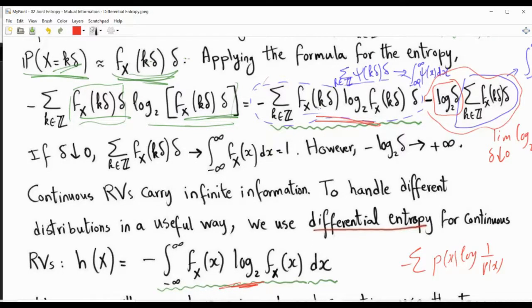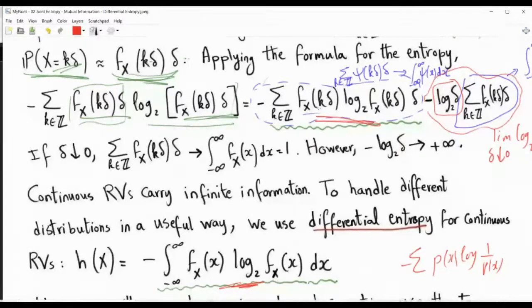Differential entropy is something that, for many random variables of interest, is finite and manageable. In this course, because information theoretically we will be very superficial, I will not pay big attention to the difference between differential entropy and entropy.